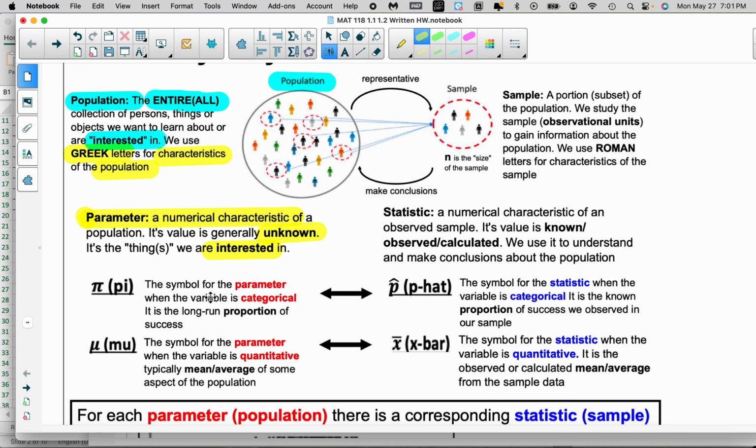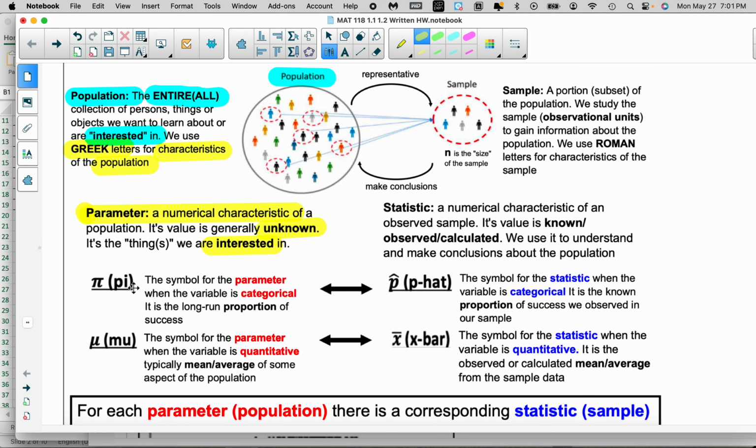The first two parameters we're going to start with are pi, and when we talk about pi, again, that represents a parameter, meaning it's related to the population, and we use pi when we're talking about categorical data. All right, and so the definition of that is the long run proportion of success, and a proportion is a fraction. We'll talk more about that on the next page.